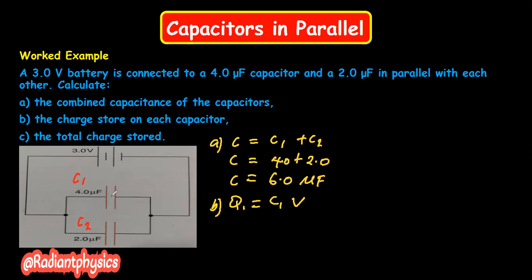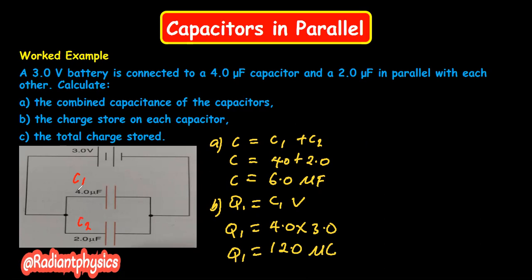Capacitor 1 is 4.0, so our charge stored here will be 4.0 times the voltage, which is 3.0. So we have 12.0 microcoulomb.